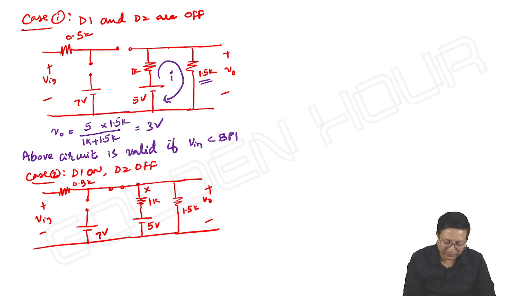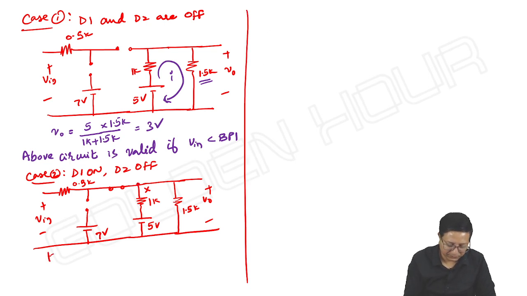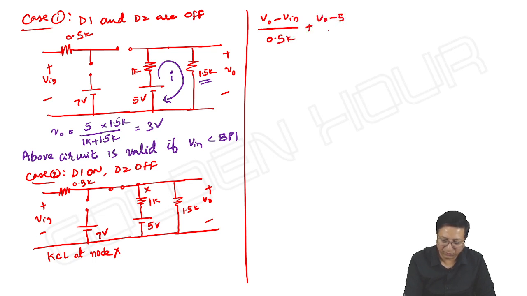KCL at node X. What we can write? (V output minus V input) by 0.5 kilo ohm plus (V output minus 5) by 1 kilo ohm plus V output by 1.5 kilo ohm is equal to 0.